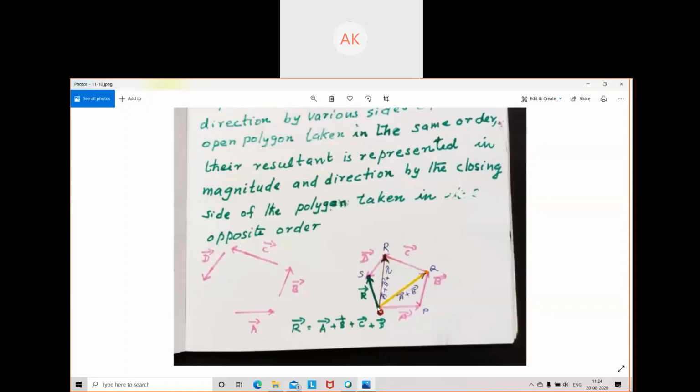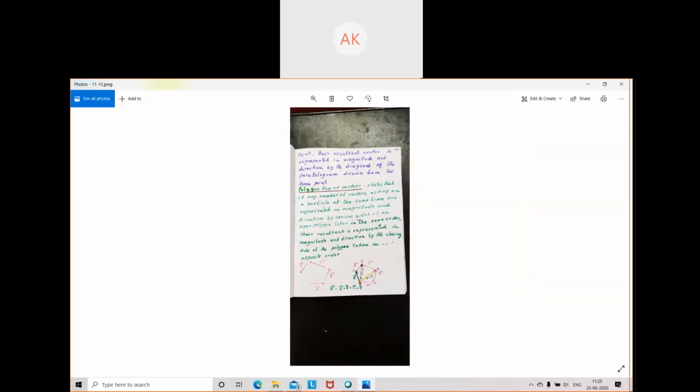The last side, the closing side of the polygon, in the reverse order will represent the magnitude and direction of the resultant vector. So that is the polygon law of vectors.